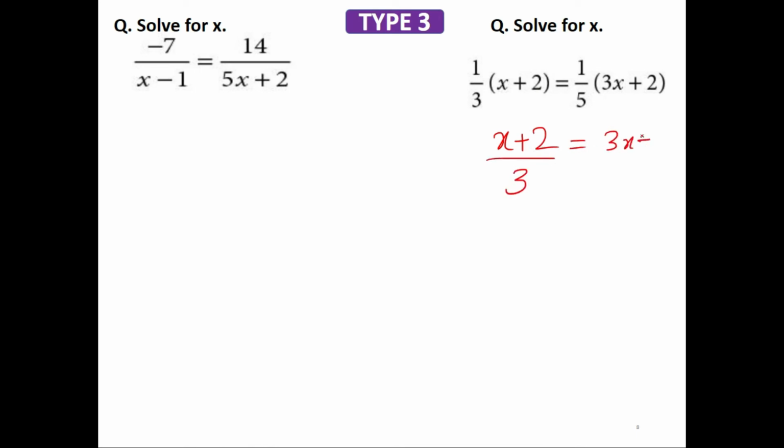It's like 3x plus 2 over 5. So the method that you will do will just remain the same. And here what you have to be careful is with the negative sign.